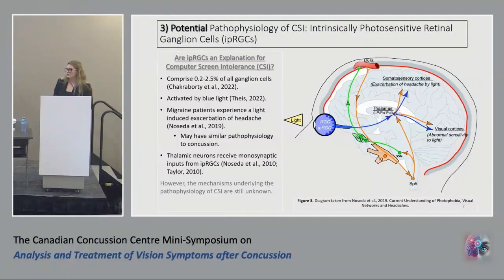Now, this is intriguing because computer screen intolerance has an element of pain and discomfort in response to light. And so if these thalamic neurons are receiving monosynaptic inputs, we might be able to target them in future therapeutic interventions. However, again, this is just one hypothesis, and we do not know if the intrinsically photosensitive retinal ganglion cells are involved in computer screen intolerance.